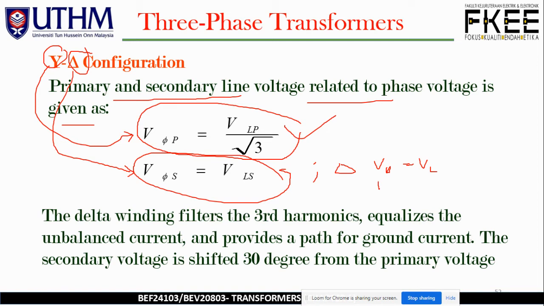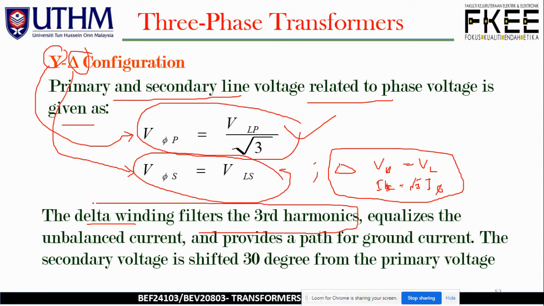So how about I line? I line is equal to square root 3 I phase, like this. Only for delta. So the delta windings filter the third harmonics. This is some of the advantage of the delta winding or the delta configuration.